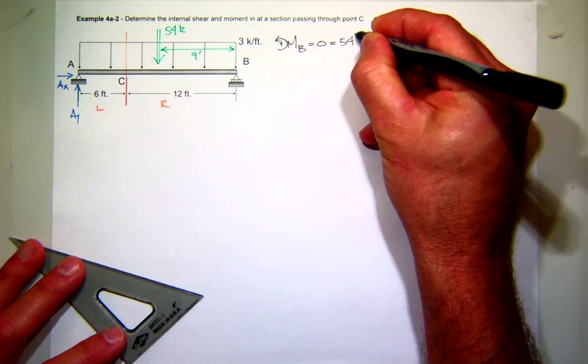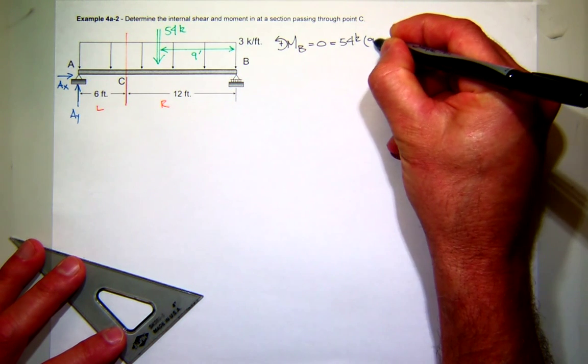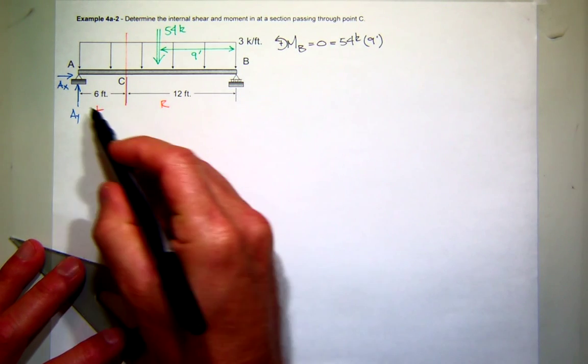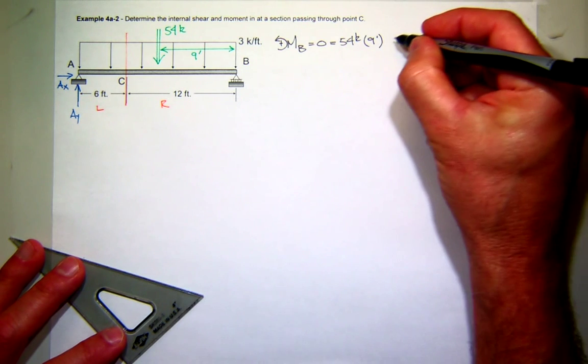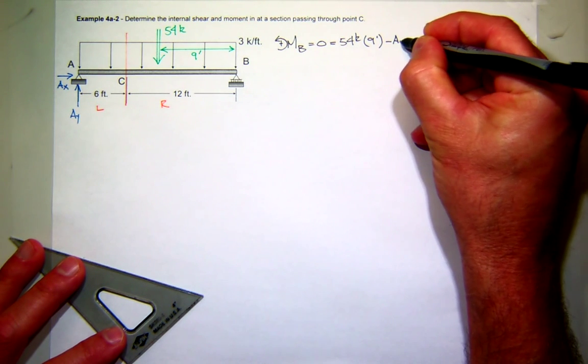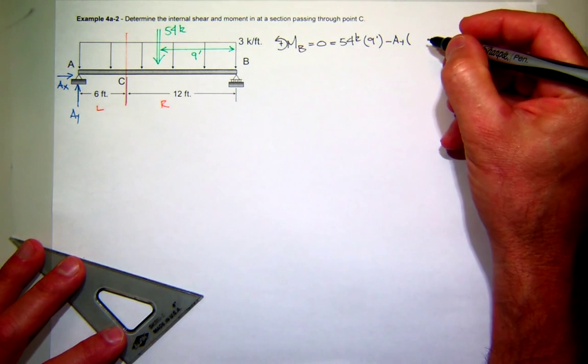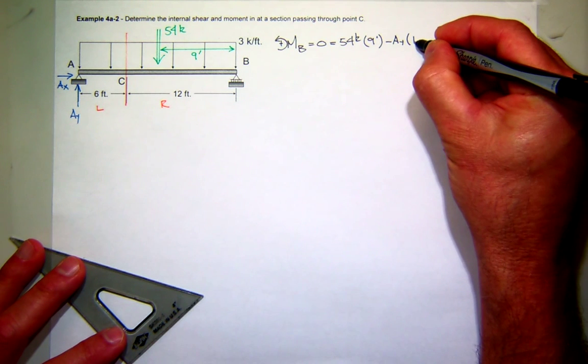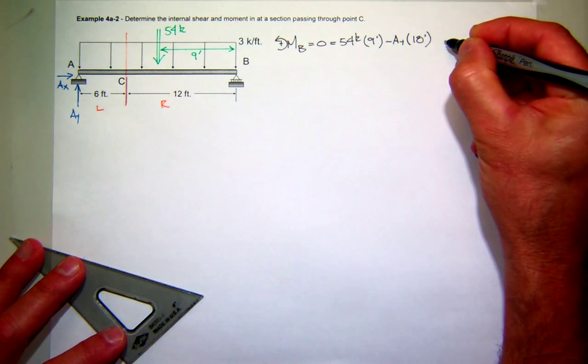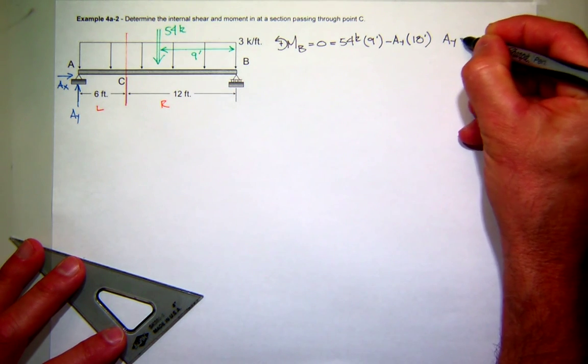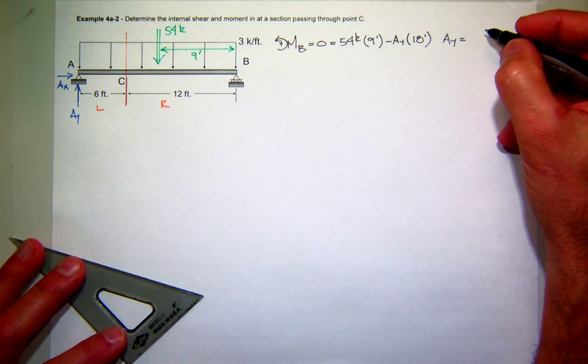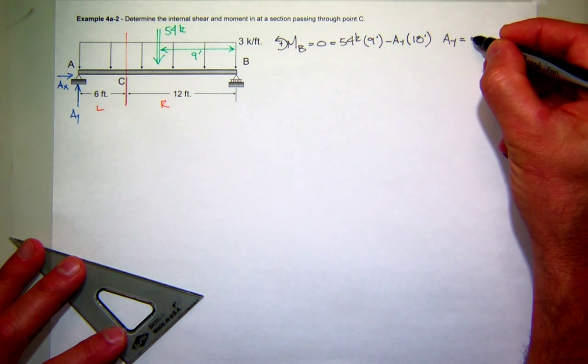So I have 54 kips times 9 feet. And then I have my AY reaction creating negative moment times 18 feet. It looks like AY is half the total load, or what, 27? That makes sense?